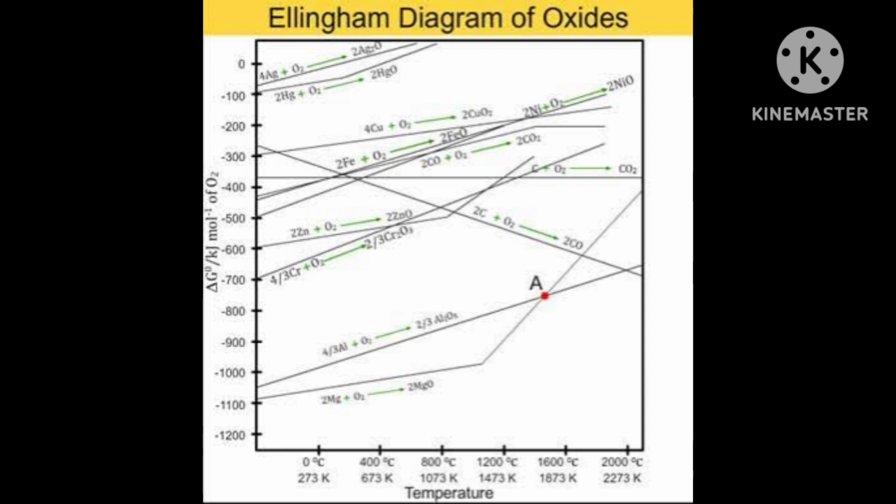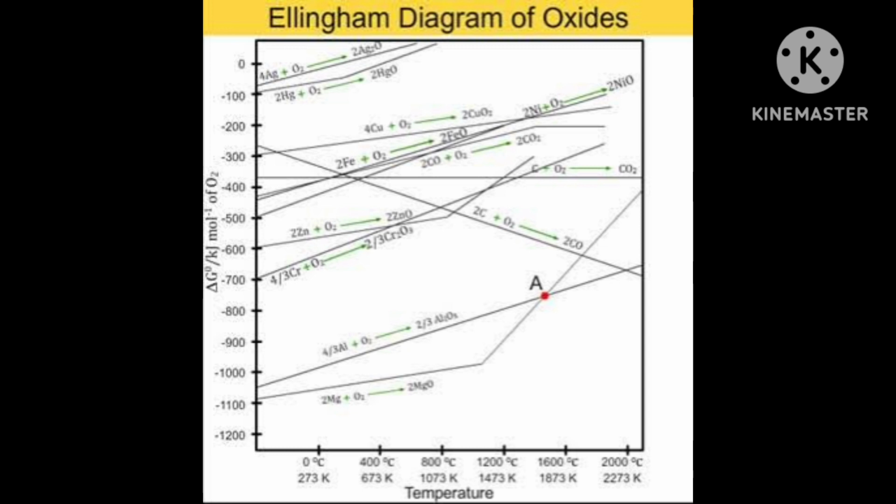Subsequently, delta G shifts towards a higher side despite rising temperature T. Normally delta G decreases, that is, it goes to the lower side with increasing temperature.